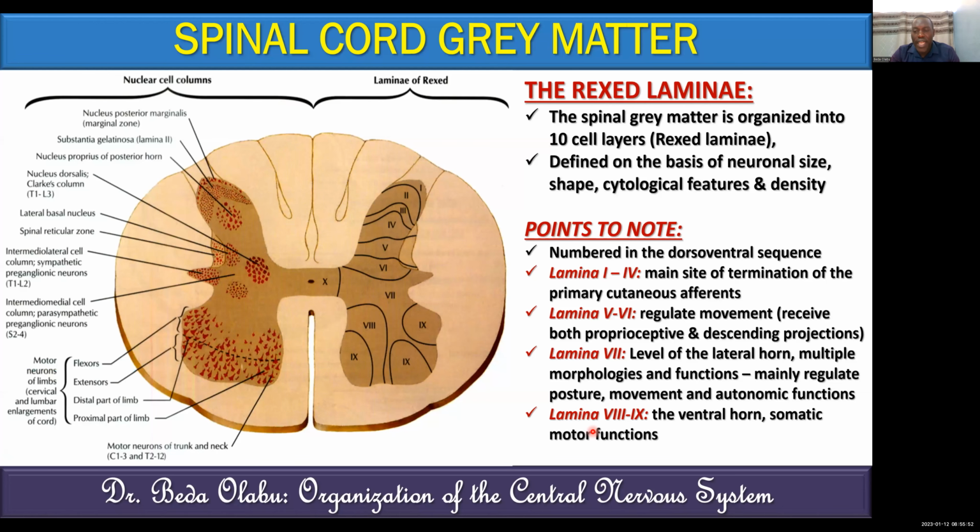Then we go to lamina 8 and 9, which are largely present in the anterior horn. These are particularly involved in somatic motor functions. In particular, lamina 9 houses the cell bodies of the lower motor neurons.